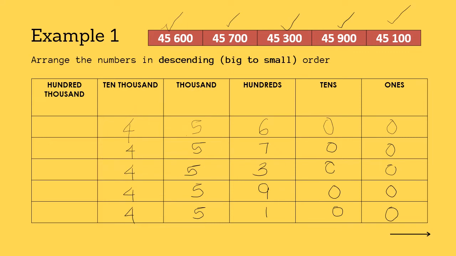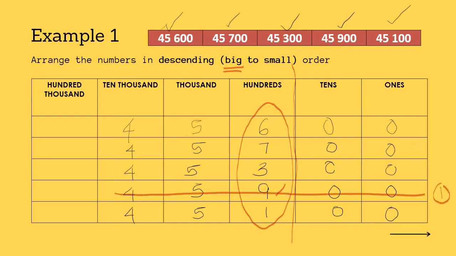Moving on to the next place value, which is hundreds. So you focus on hundreds only. Now this time we are picking the bigger number. So obviously you can see here the biggest number is 9. So 45,900 will be the first number that you are going to write later on.